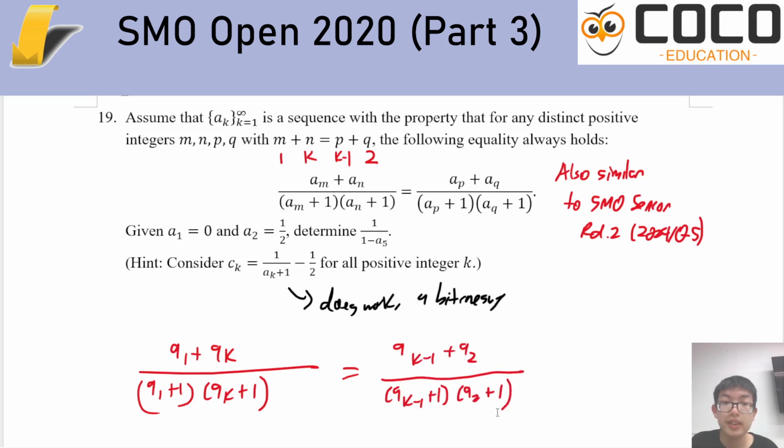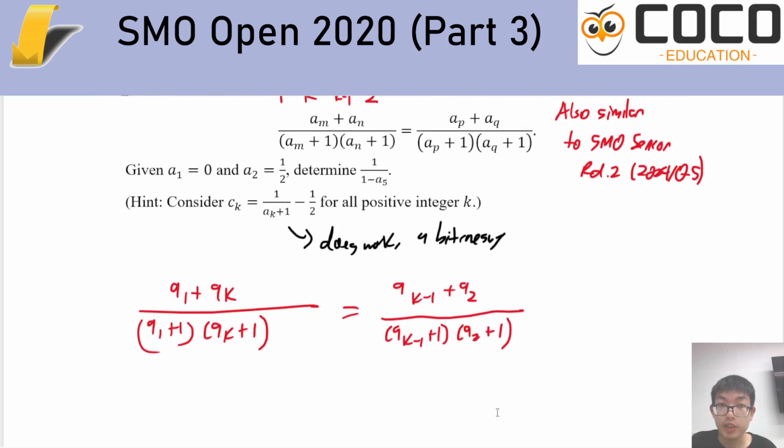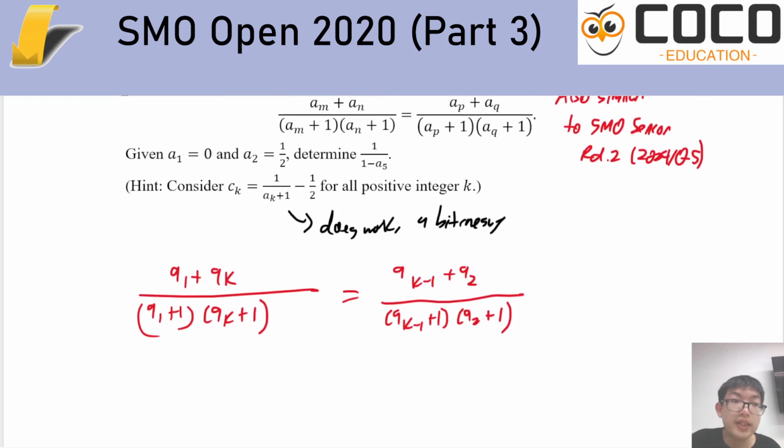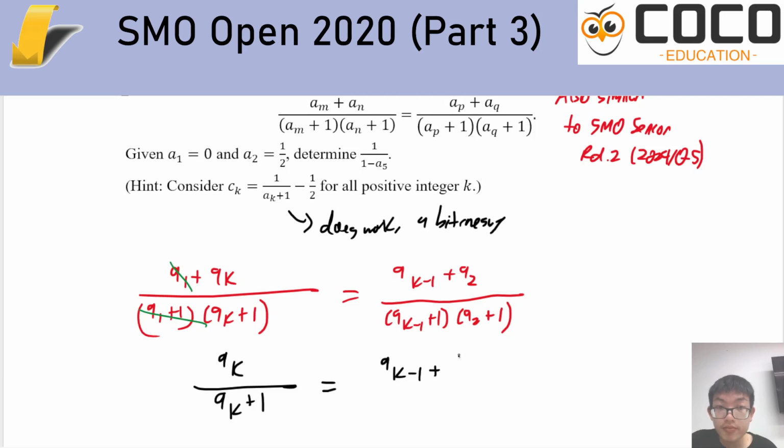So this is the substitution. A1 is 0, so technically this will just disappear. A2 is half. A2 plus 1 is 3 halves. I'll write it in this order.